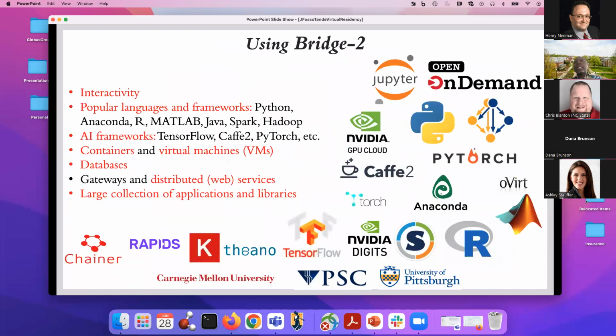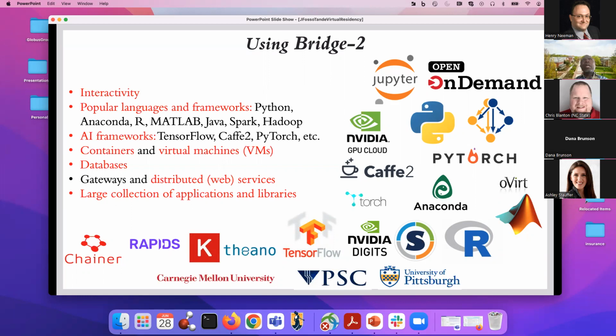So other than the hardware and the network fabric, you have a number of applications. These are a few of them that I have here, especially Open OnDemand, which my users really appreciate, so they can access the HPC just the way they would do with their desktop. You have the Jupyter notebook, NVIDIA, TensorFlow, Caffe 2.